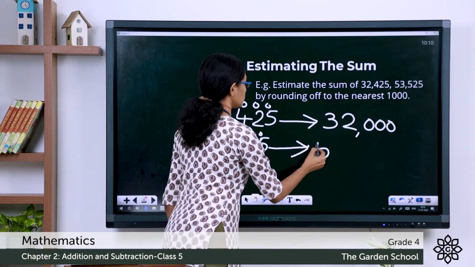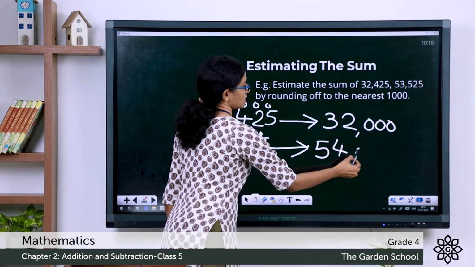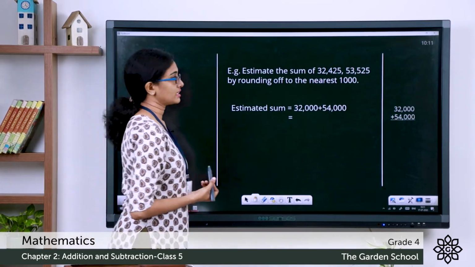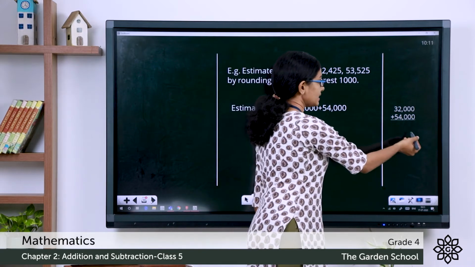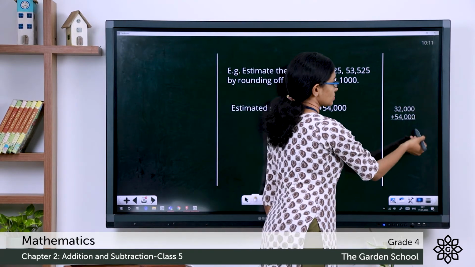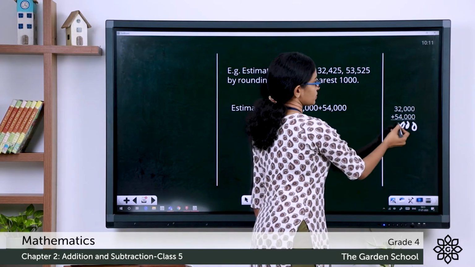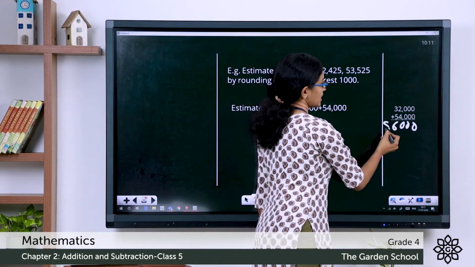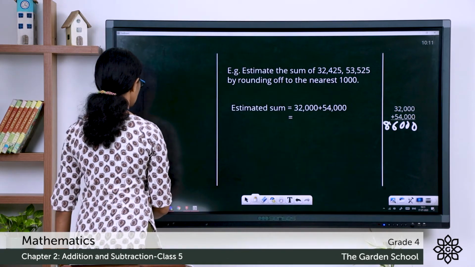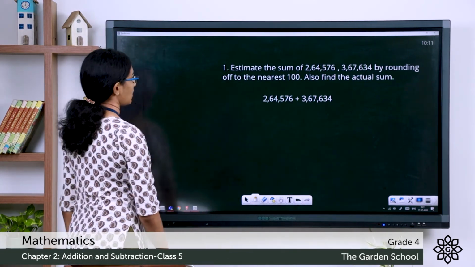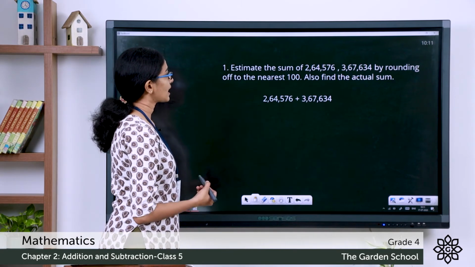That will give you 54,000. Let's find the estimated sum now. So let's add the rounded off addends. Here it is 0, 0, 0 and 4 plus 2 is 6 and 5 plus 3 is 8. So what is the estimated sum? It is 86,000.